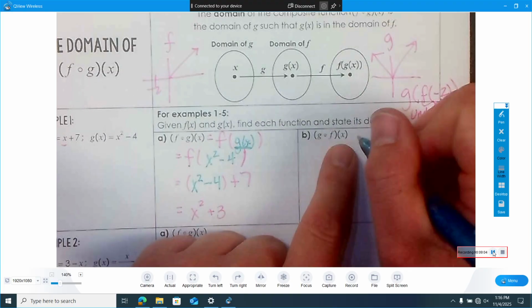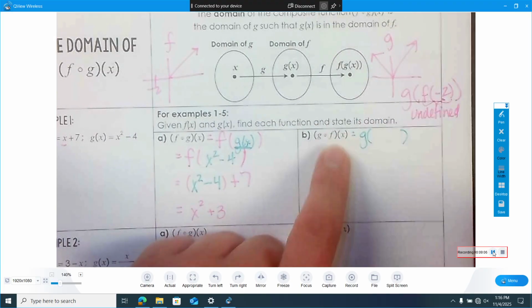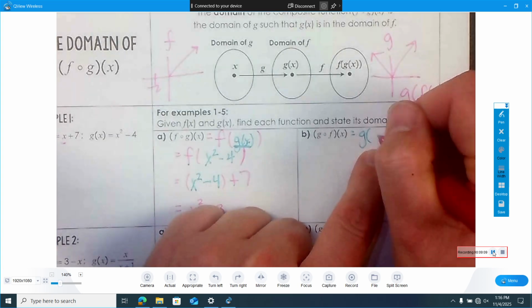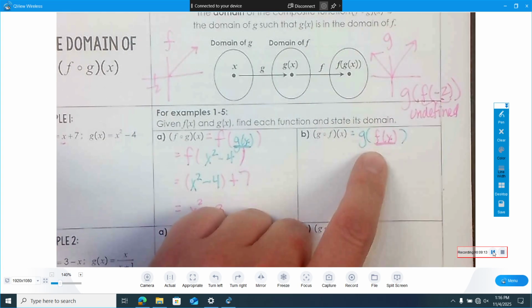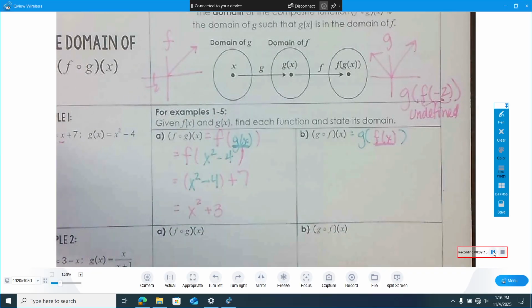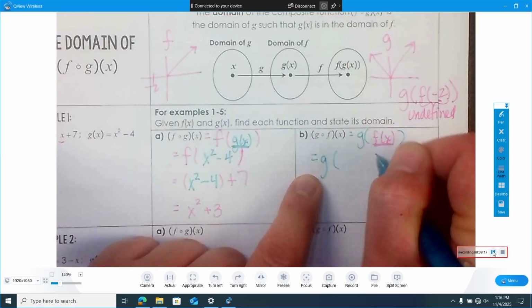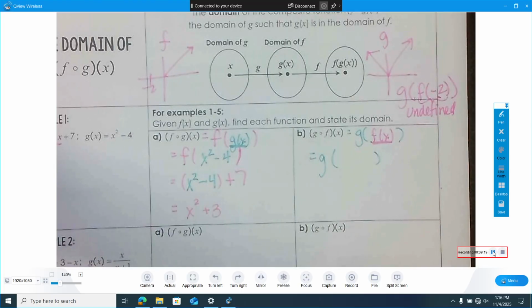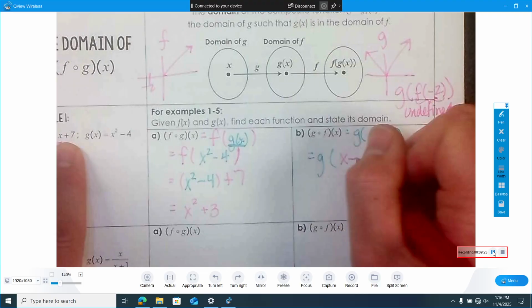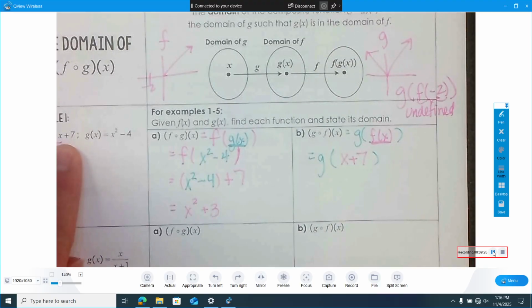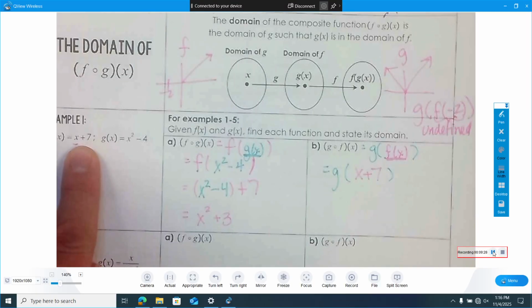G of f of x, so I have my g function on the outside, and inside will be f of x. So g of f of x. Now, g of, so what is f of x? Yeah, so we can replace f of x with what it's equivalent to, which is x plus 7.